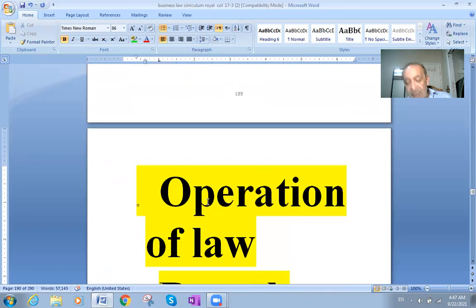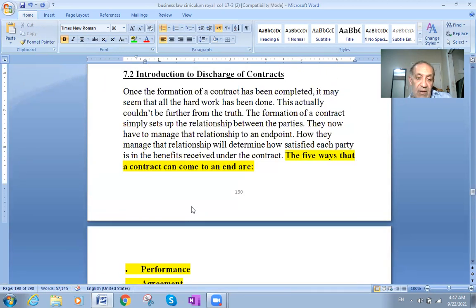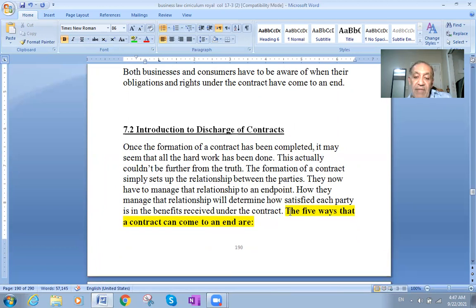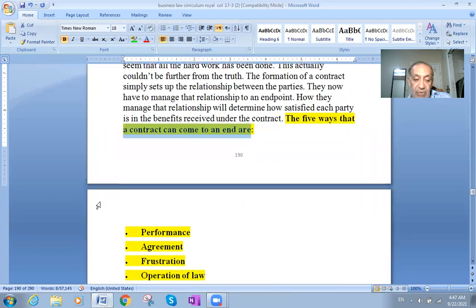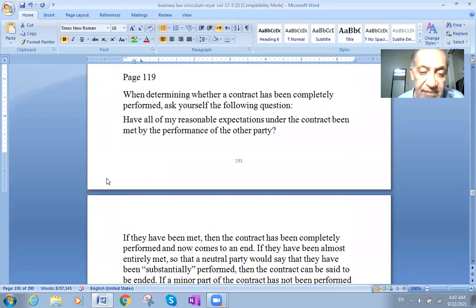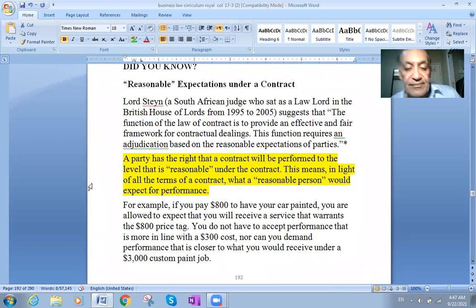And the matter of the contract itself must be legal, like we said. The 5 ways that a contract can come to an end are the performance, where we did what we had to do, the agreement, the frustration, the operation of law, and the breach of contract. Those are the 5 points that will get the contract to an end.